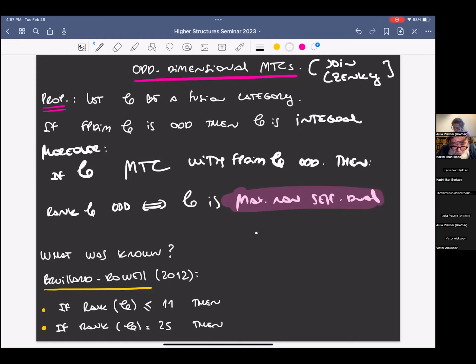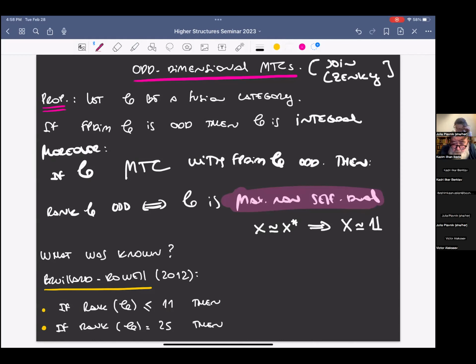Self-dual means that X is isomorphic to its dual. It's its own dual. Being maximal non-self-dual means that this can happen in only one case, the case where it's always true, which is when X is the unit.